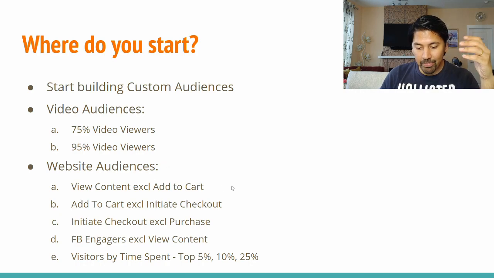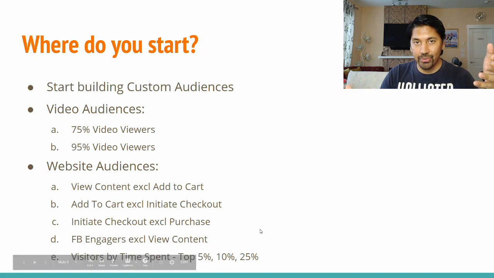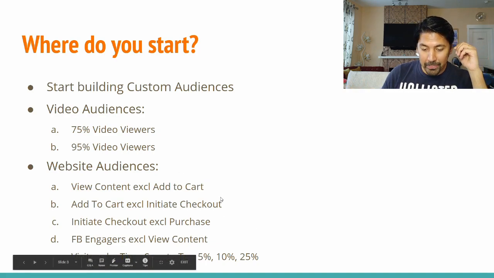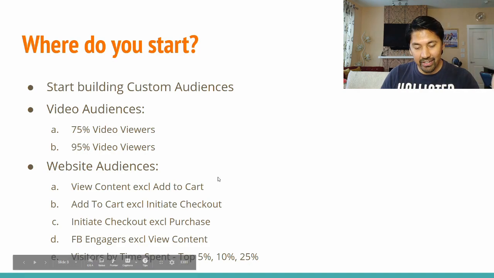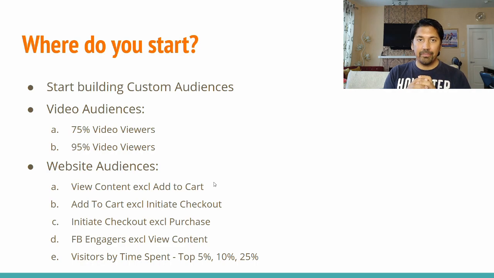Then as you start building up on your critical mass and the number of viewers, these are the different website audiences you can use and create custom audiences to retarget them. So first of all, you can start with view content, excluding add to cart. This is a subset of users who have clicked on the link that you included in the ad.